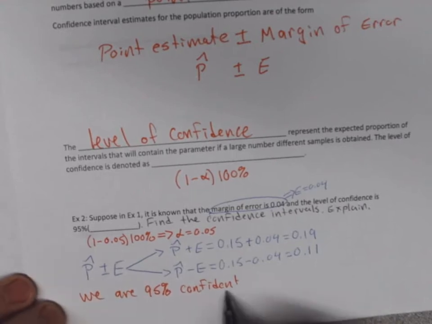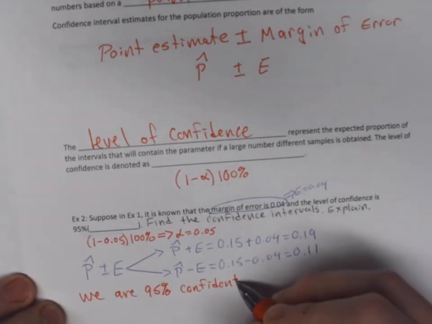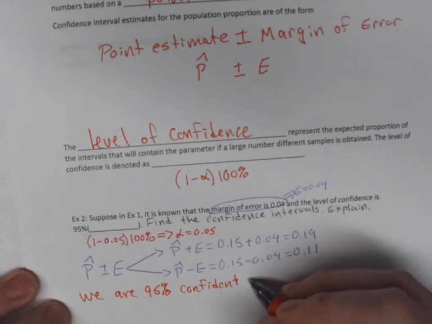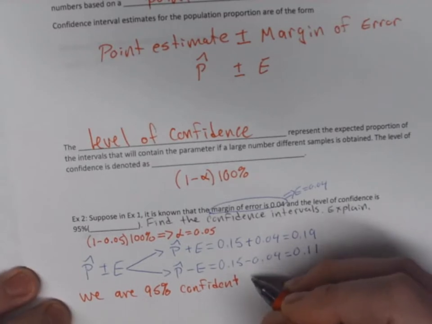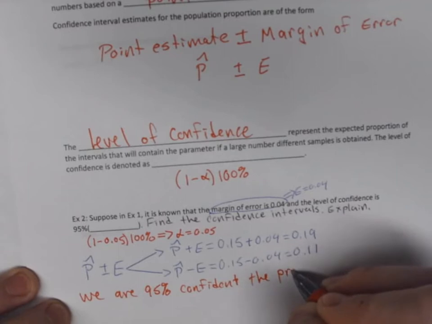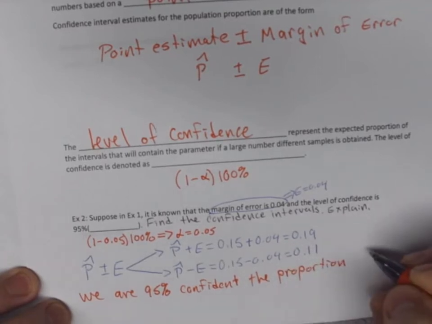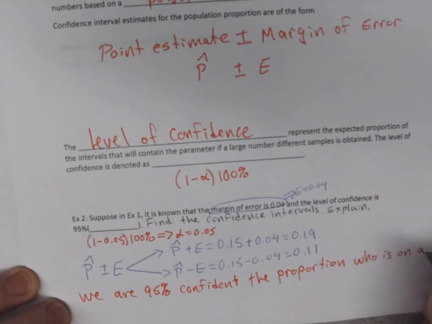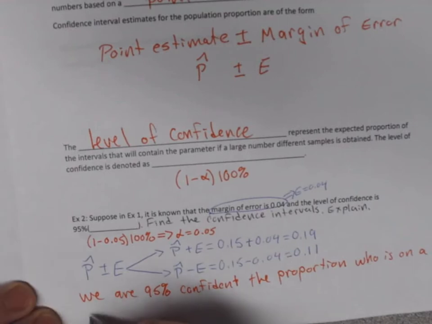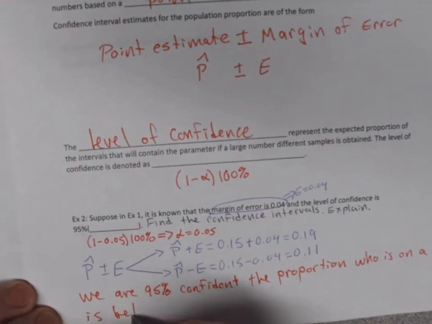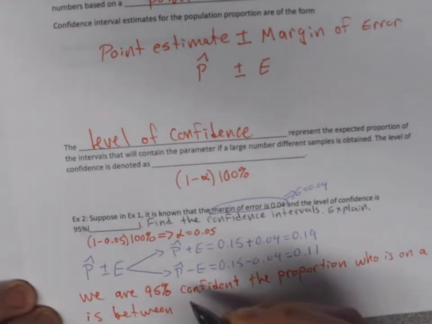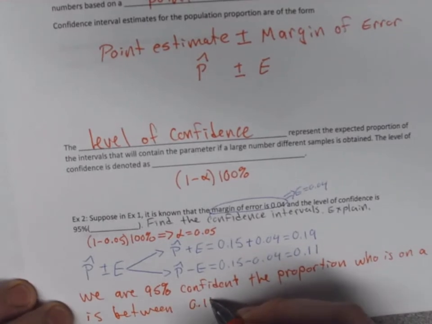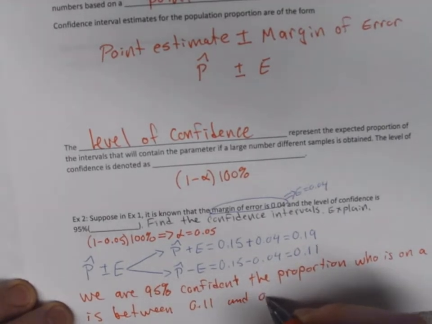So we are 95% confident the proportion who is on a diet, a low-carb diet, I'm just saying diet here, is between 0.11 and 0.19.